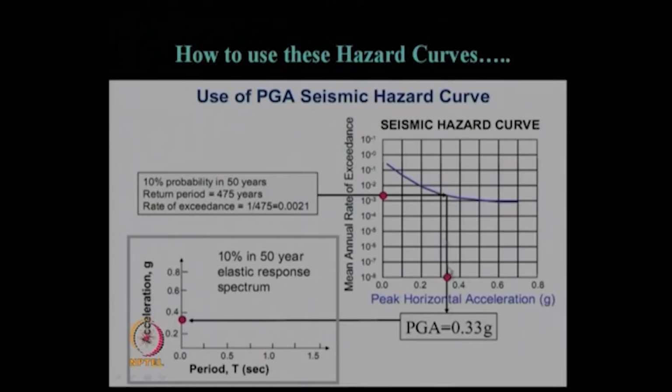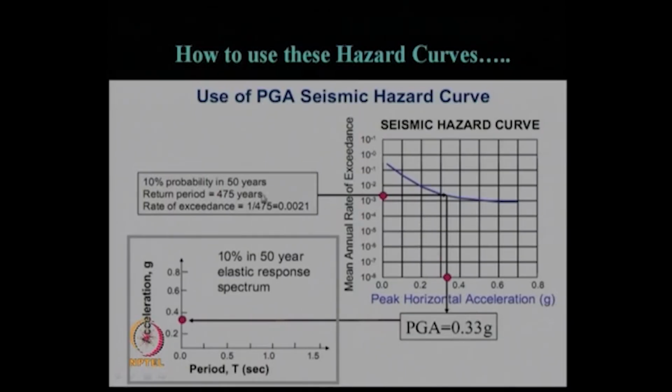So, suppose from your seismic hazard curve you got the value of PGA is 0.33 G. Like for Ahmedabad city we saw from our present result, for 2475 year return period it was coming 0.3 G, right. Similarly, here one example is shown, a typical example not related to our analysis.